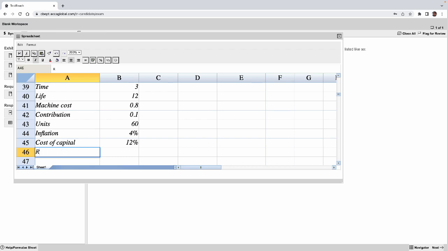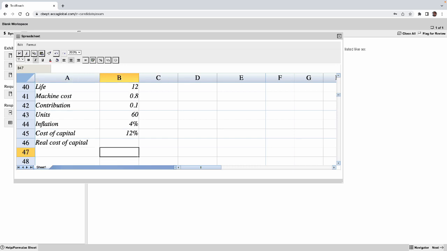Cost of capital is the money rate, so the real cost of capital should be about 7.69, yes, no? So I did get a 7.69.